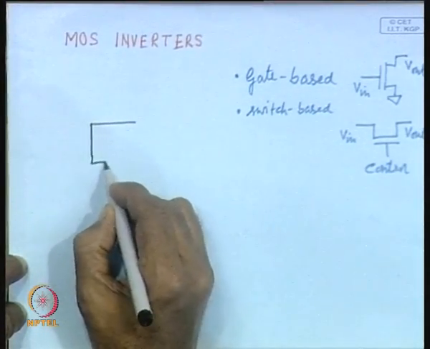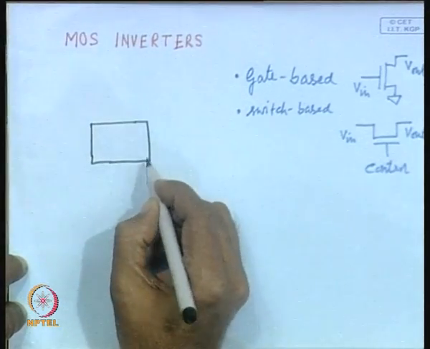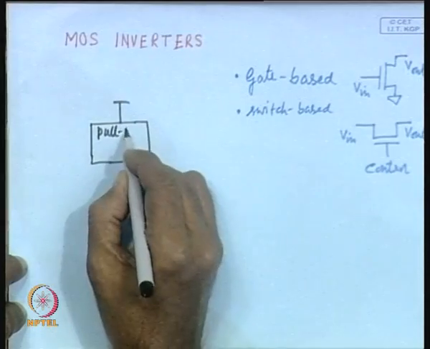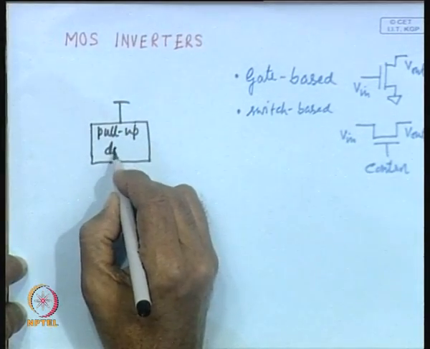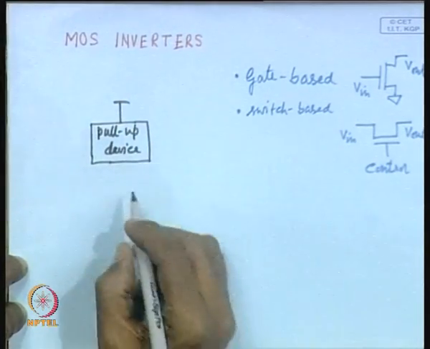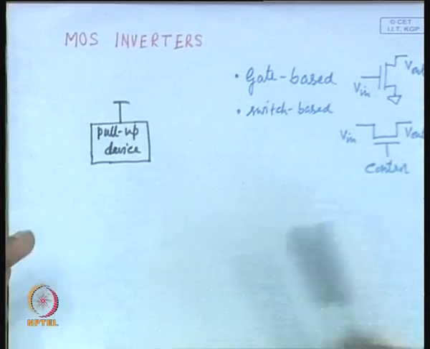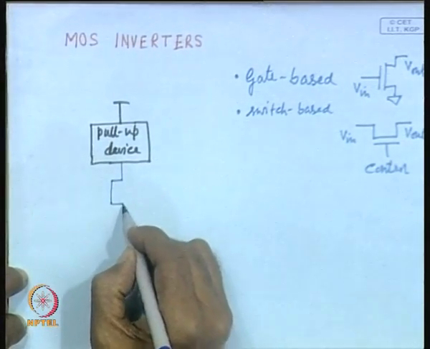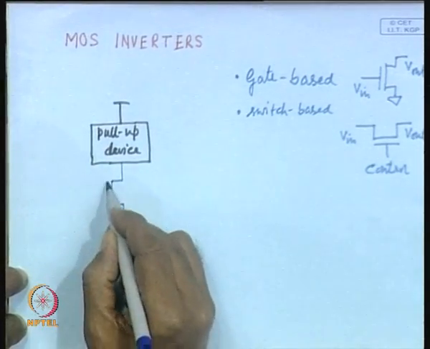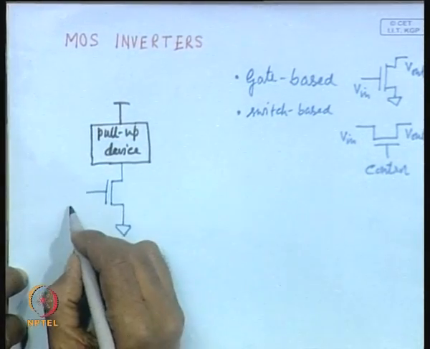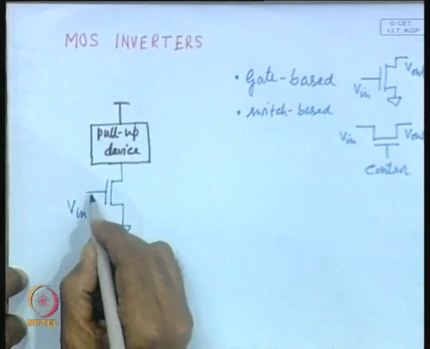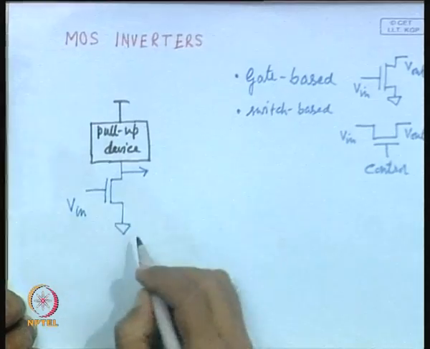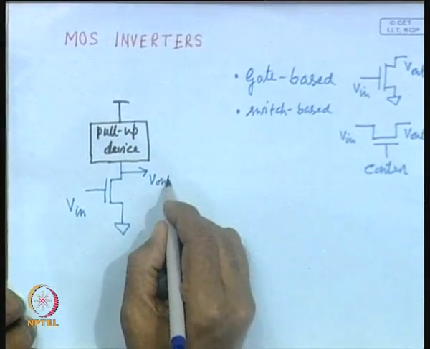You will have what is known as a pull up device, and we will also have a pull down device, which is essentially an NMOS transistor, and here we shall apply input to the gate of the NMOS transistor and we shall take the output from the drain of the NMOS transistor. This is your V output.